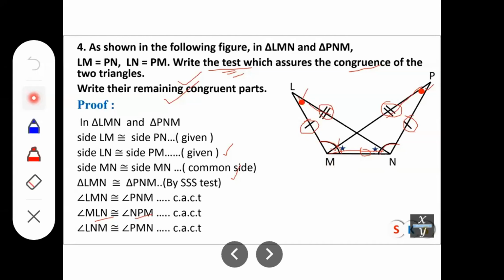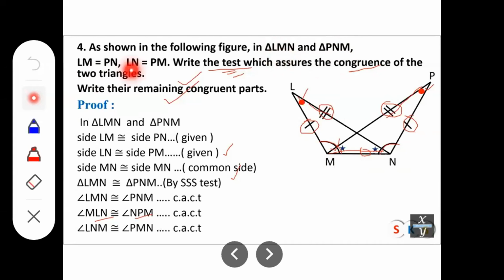Now see the example. In triangle LMN and triangle PNM, LM is equal to PN. See the first two vertices, see the pointer here in the example. The first two vertices, side LM equal to PN.